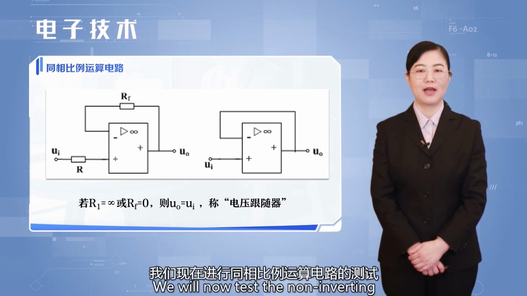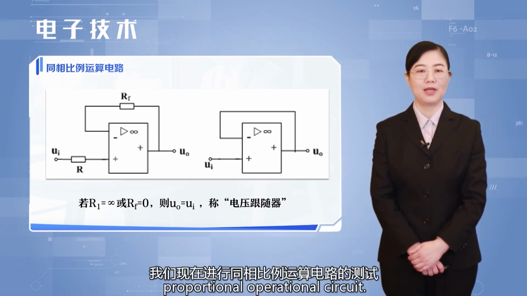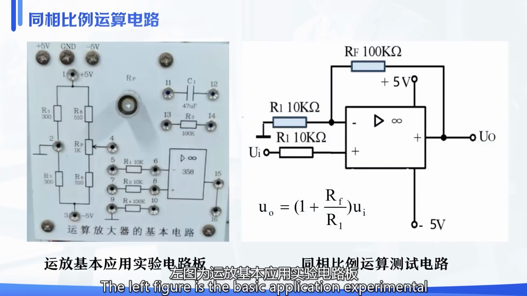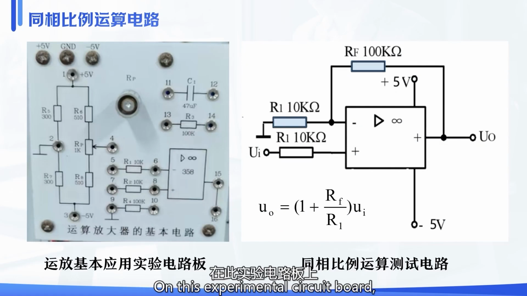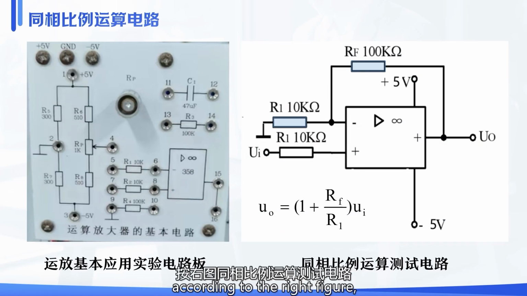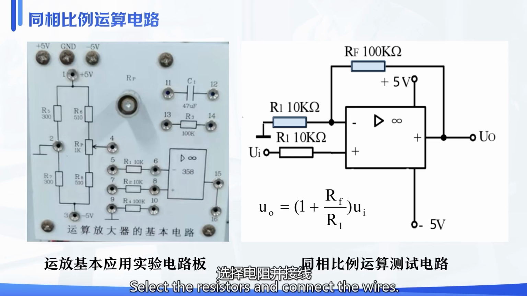We will now test the non-inverting proportional operational circuit. The left figure is the basic application experimental circuit board for operational amplifiers. On this experimental circuit board, according to the right figure, the non-inverting proportional operational test circuit, select the resistors and connect the wires.